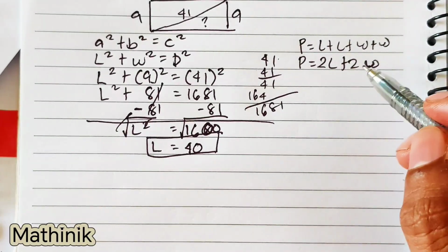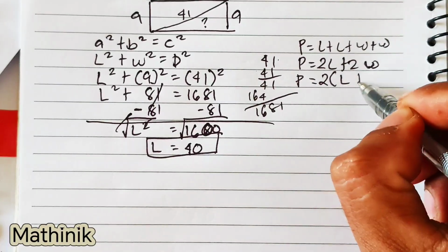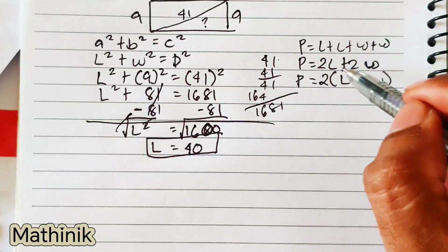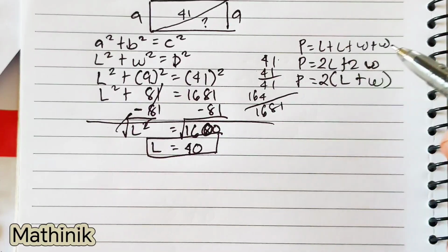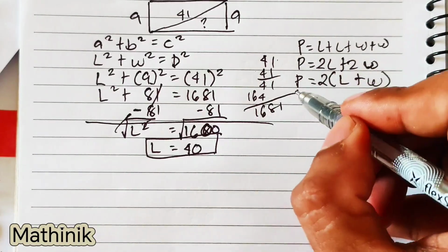Or we can rewrite this as perimeter is equal to 2 times length plus width. So any equation from these three can be used in finding the perimeter. So we will use the third equation.